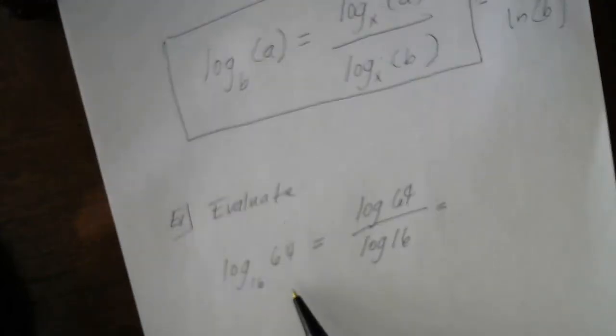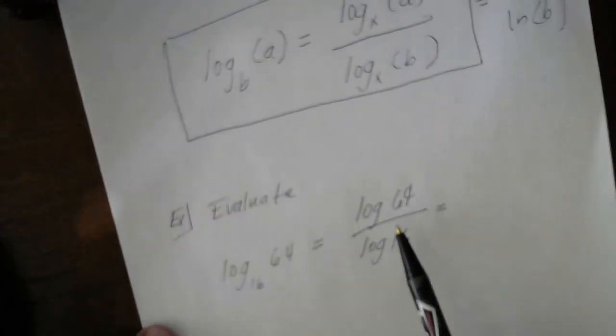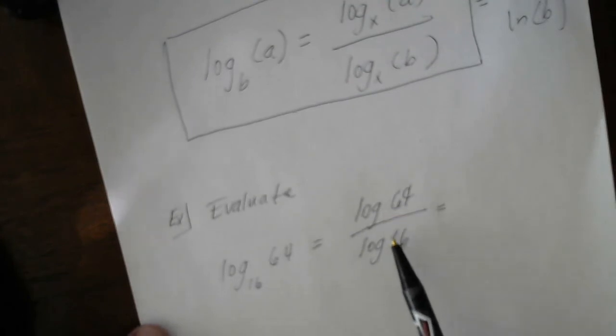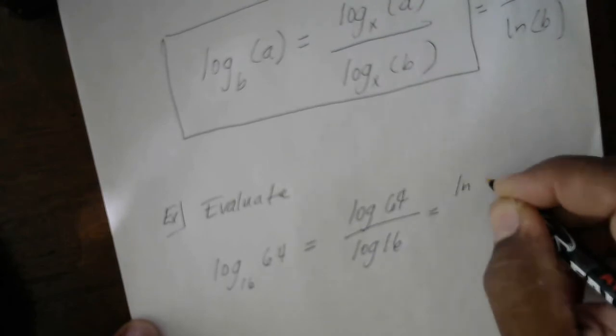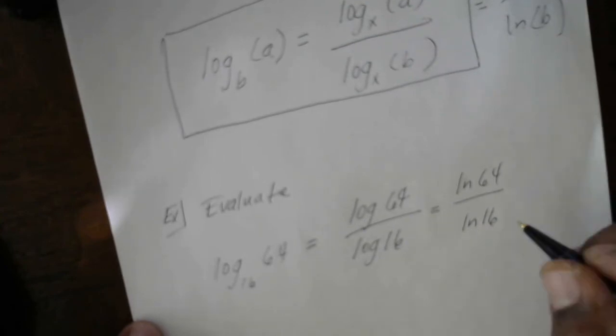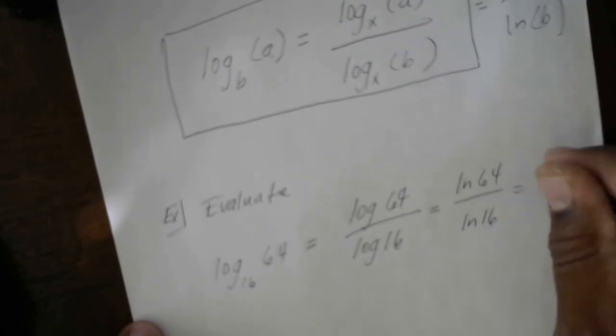the log base 16 of 64 as a log of 64 to log of 16. So here I've changed both of my bases to base 10. Or I could write it as a natural log of 64 divided by the natural log of 16. And I should get the same result, which is 3/2.